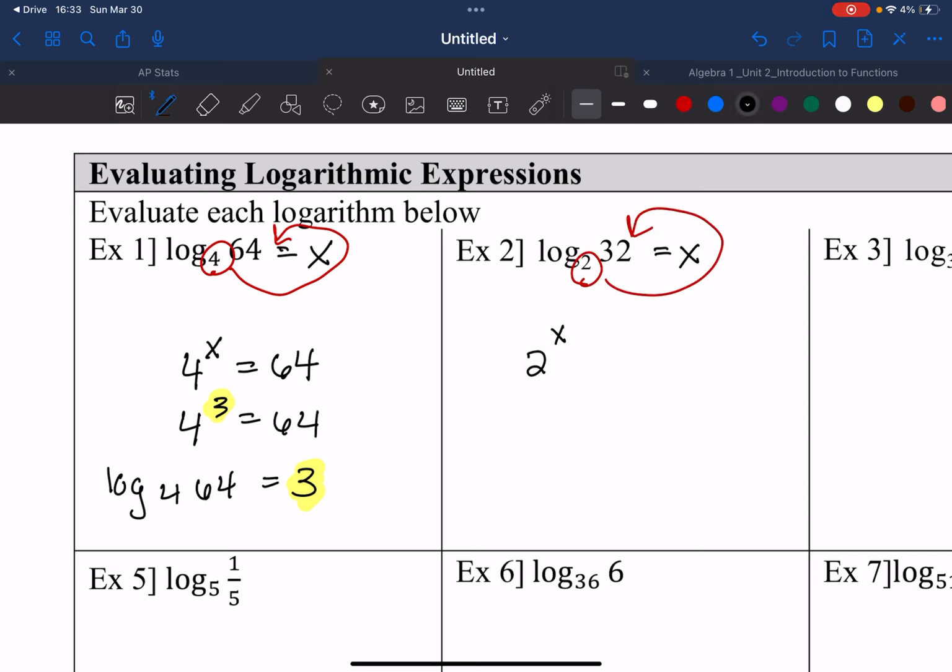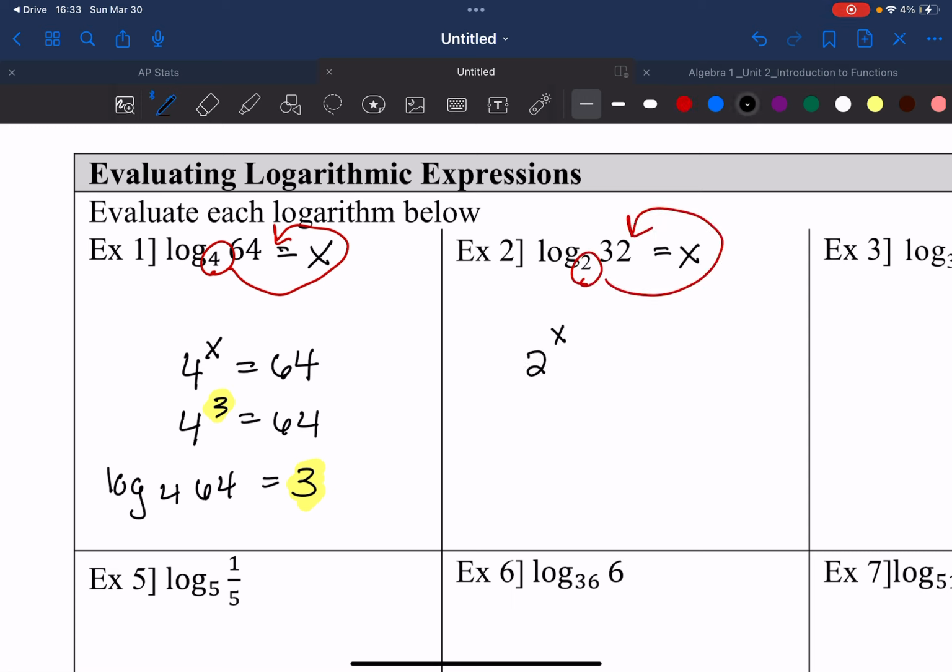So going back up to example 3, let's try 3 to the 4th power. Yep. So 3 to the 4th power is 81, which means log base 3 of 81 is equal to 4. Here, since we have a fraction raised to an exponent is equal to a whole number, I know that exponent has to be negative.